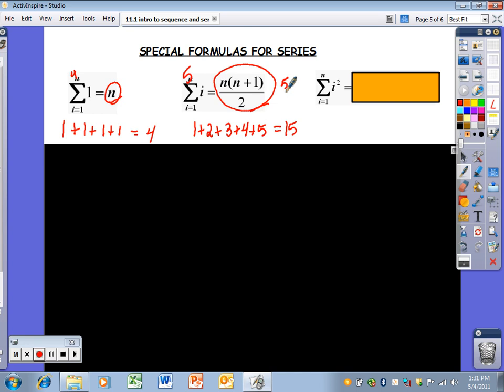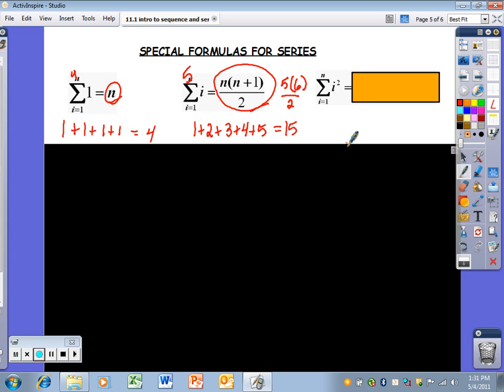So 5 times 1 more than 5 is 6, over 2. Does that still give me 15? 30 divided by 2 is 15. So if you know the formula, it's a quick way to get to the sum without having to add them all up. Because if I had 1 to 1,000 to add up, it'd be a lot faster to do this than it would be to write all 1,000 out and add them up.